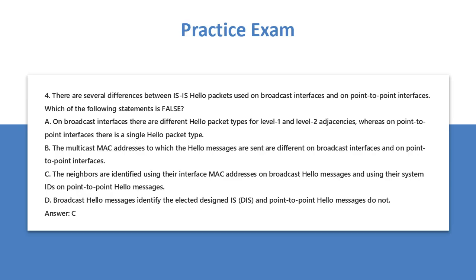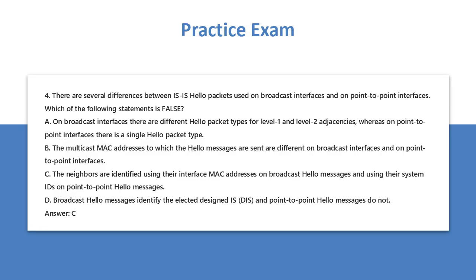4. There are several differences between IS-IS hello packets used on broadcast interfaces and on point-to-point interfaces. Which of the following statements is false? A. On broadcast interfaces there are different hello packet types for level 1 and level 2 adjacencies, whereas on point-to-point interfaces there is a single hello packet type.